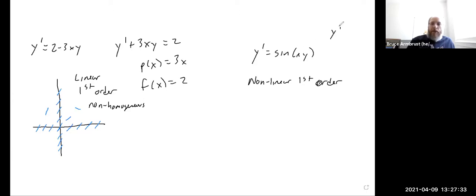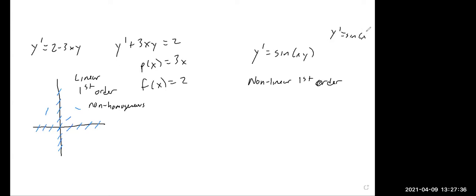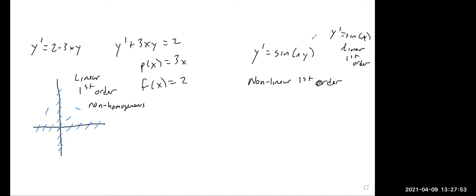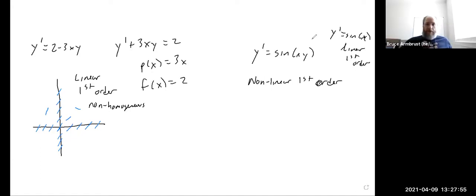If it had just been y prime equals sine of x, then this one's linear first order, because the only y's are the y prime, and that's linear. Cool. All right, but good question.